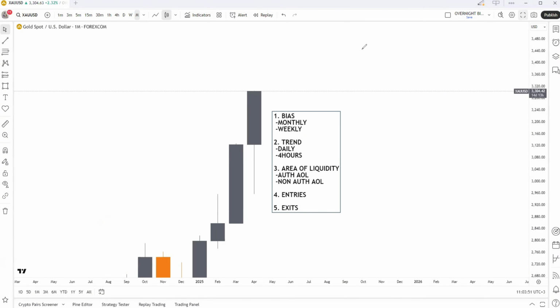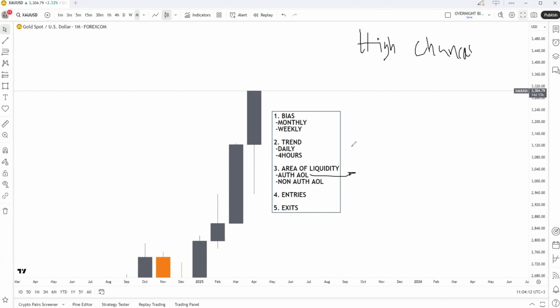Now, we have those areas of liquidity that have high chances of holding the price. These are what we call the authenticated area of liquidity.